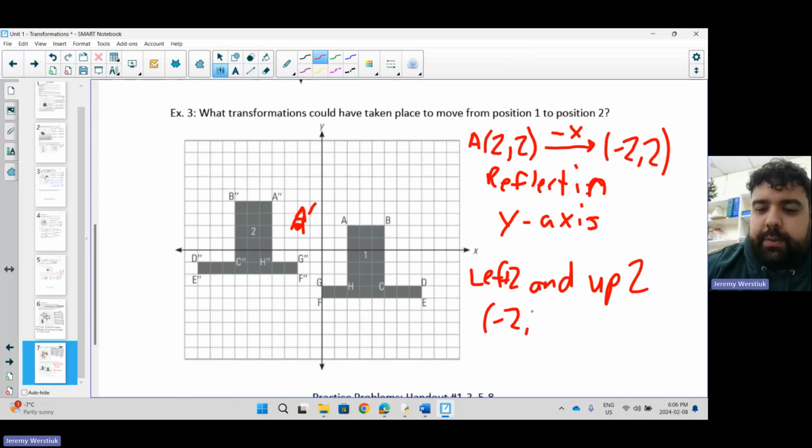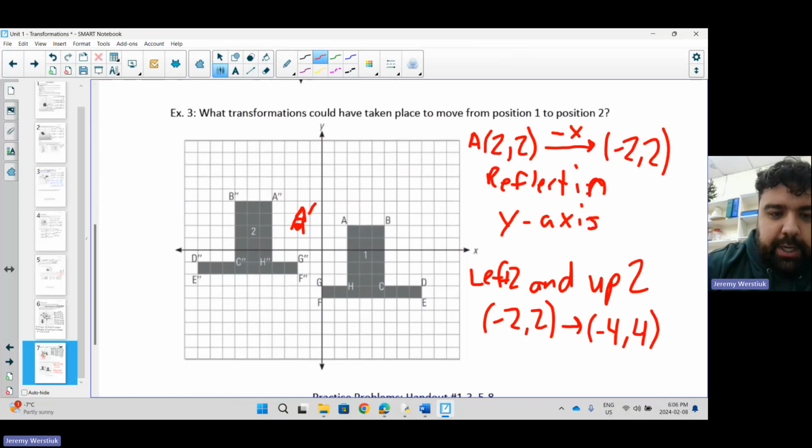I start at -2, 2. By going left 2, I'm taking away 2 from my x, so that takes me to -4. And up 2, I'm adding 2 to the y coordinate, so I'd be at -4, 4. Now let's just check it. I'm 4 left and 4 up. I'm at A double prime. So yes, that verifies that that works.